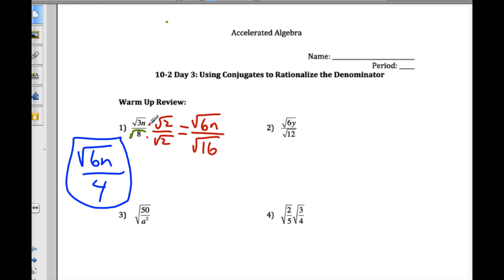But you can't ever make it smaller. So watch what happens here, guys. Radical 6n over, what's the square root of 16?